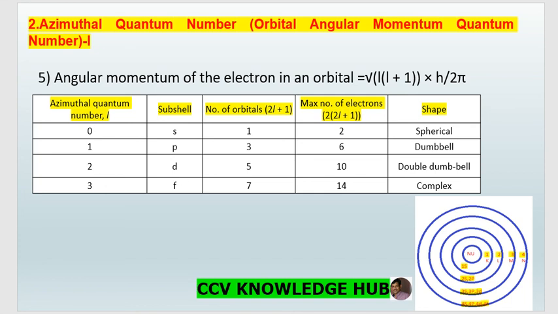That's the f subshell. The number of orbitals is 7, so 7 into 2, or you can substitute the L value in 2 into 2l plus 1. The maximum number of electrons in the f subshell is 14. The shape is a complex shape. This is the complete information about the azimuthal quantum number.